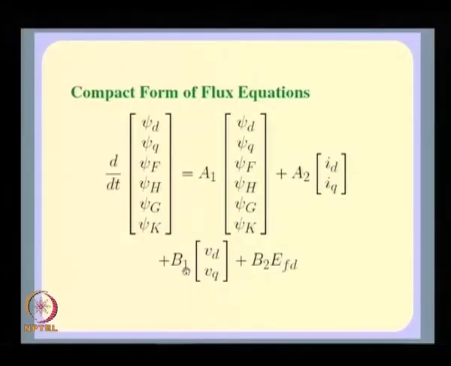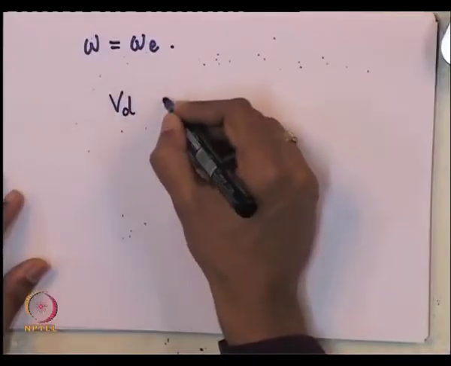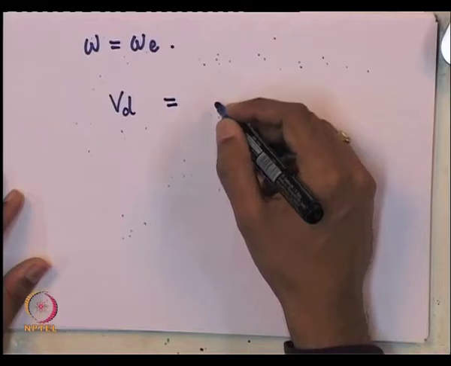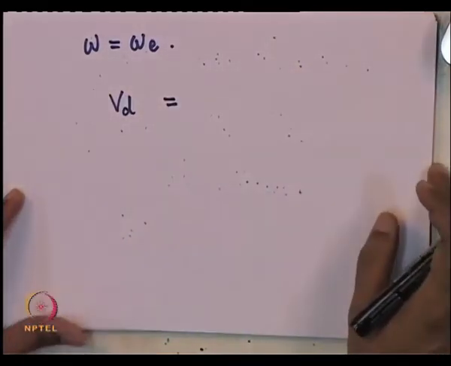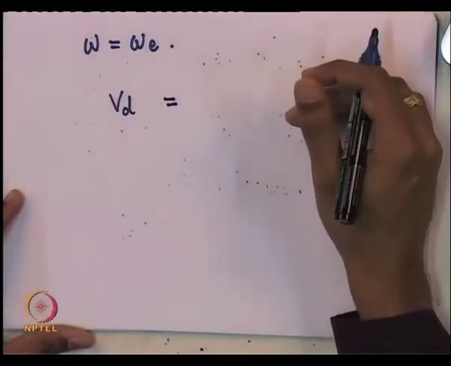Thereafter, if you look at B1, it is also a constant matrix. V d and V q, in fact, we have seen before by the definition of the voltage source, where we wrote down the voltage of the infinite bus in terms of Va, Vb, Vc.